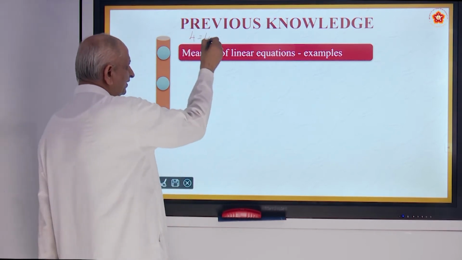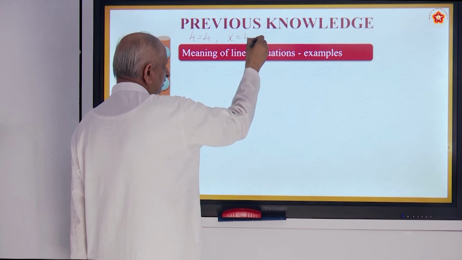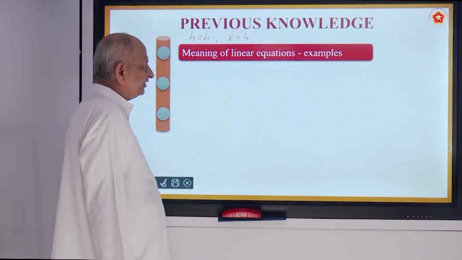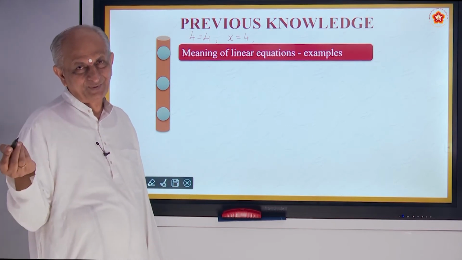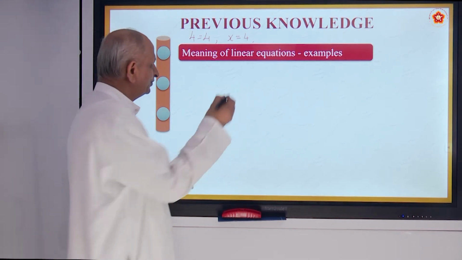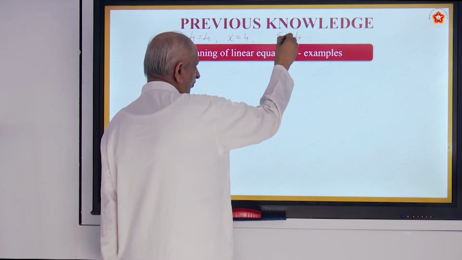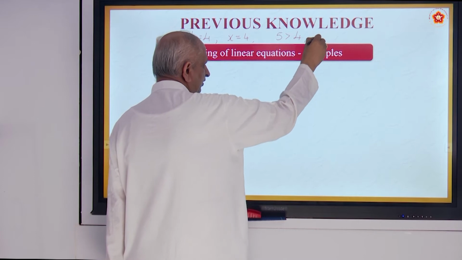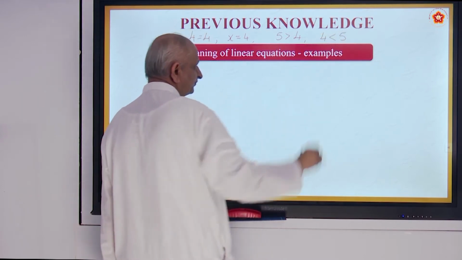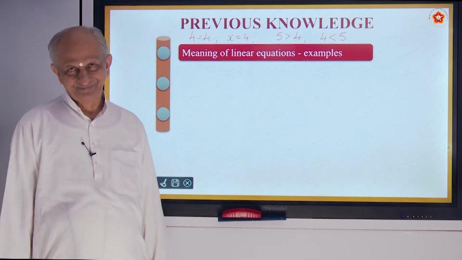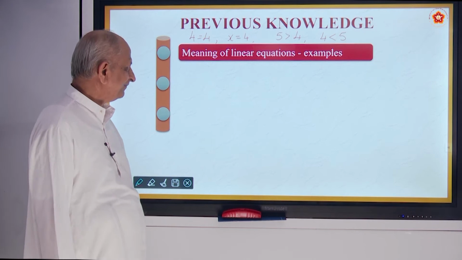Whenever that equal sign comes, x is equal to 4, then we call it an equation. And suppose they are not equal, what do you call it? Suppose you say 5 and 4. We say 5 is more than 4, or 4 and 5, 4 is less than 5. What do you call it? They are called inequalities. Okay?